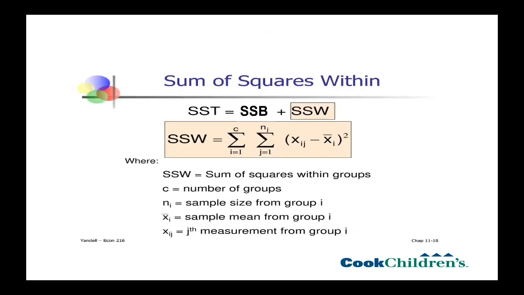Let's look at a formula to bring it together for the sum of squares within. Here you have n as the sample size for that specific group, and x bar i as the sample mean for group 1. But now you're subtracting the group mean from the individual measurement, the j measurement from group 1.